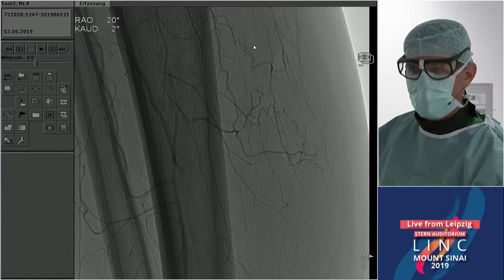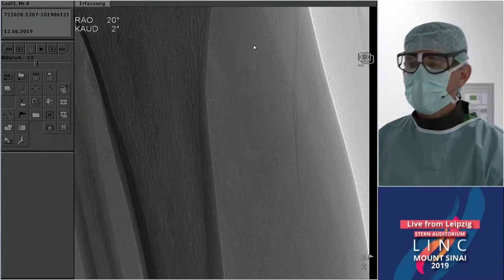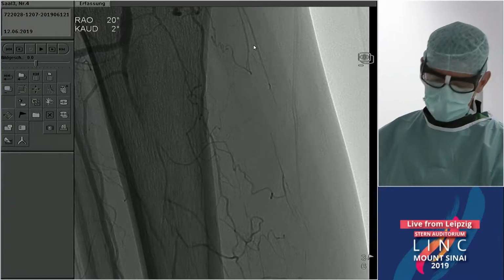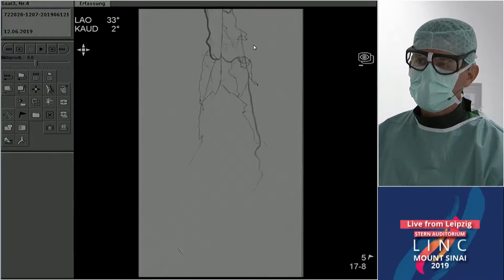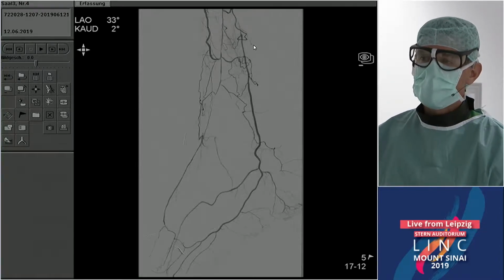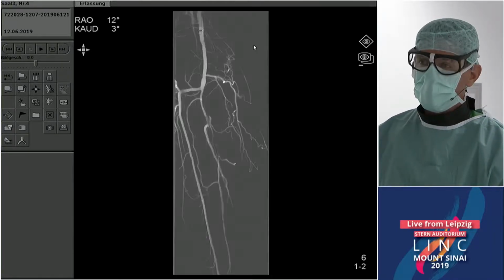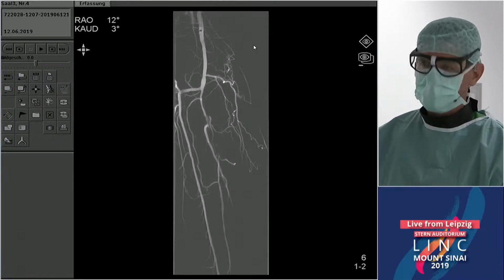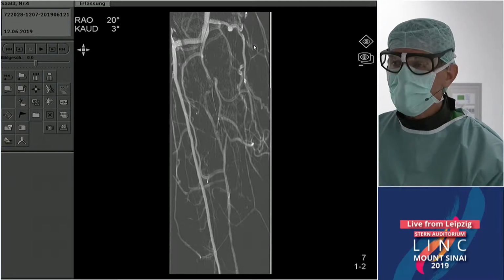Yeah, and sorry, we already tried a little bit to get into the posterior. But first, let me show you once again the outflow at the foot. Truly, the posterior is the main artery. And here, as you can see, we already tried to find an entrance.